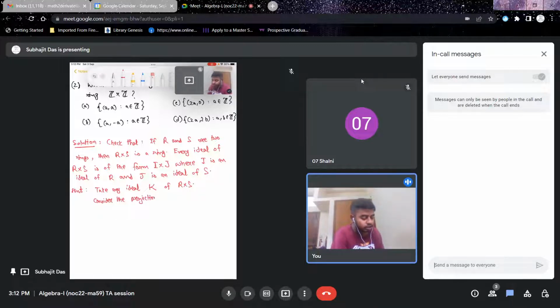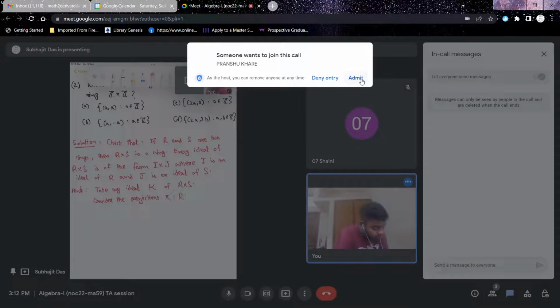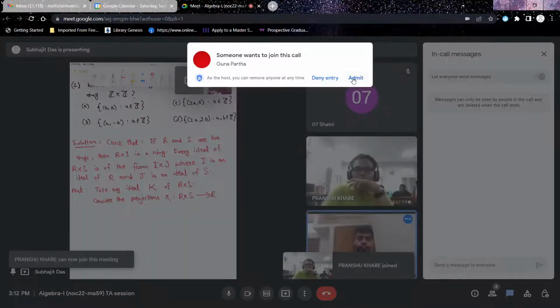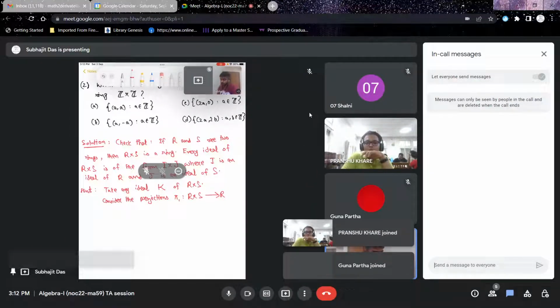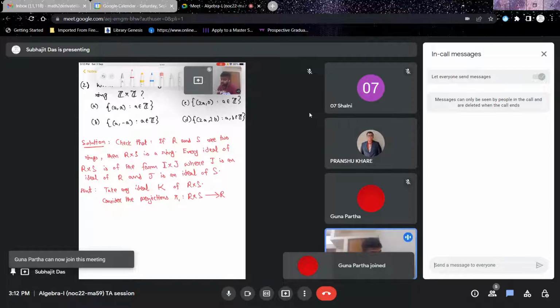You know that there are projections from the product onto the various factors, right? So let's say pi 1 is from R cross S to R. What is this projection map, by the way?